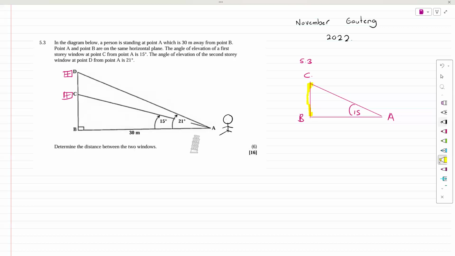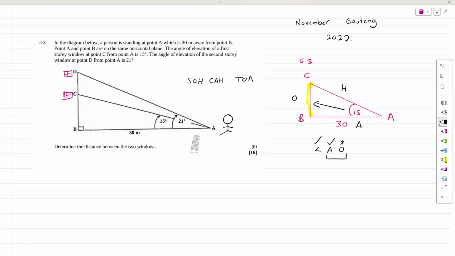If it's there and we have this as 30, it's quite simple to figure out the opposite side. So we've got opposite, hypotenuse, and adjacent. We've got the angle, we've got the adjacent, and we want the opposite. So in terms of SOHCAHTOA, that's SOH, that's CAH, and that's TOA.